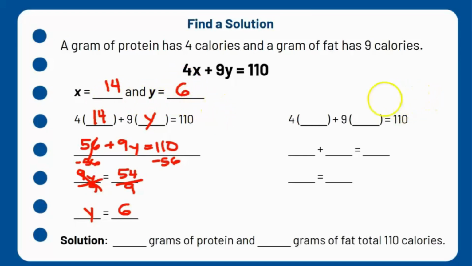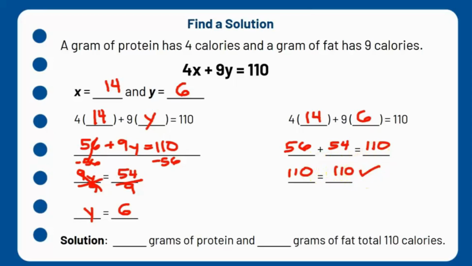Now we can check our work. If we plug both of these variables into the equation, 14 for x, 6 for y, 4 times 14 is 56, 9 times 6 is 54. 56 plus 54 is 110. 110 is equal to 110.